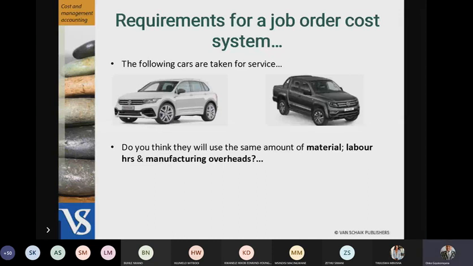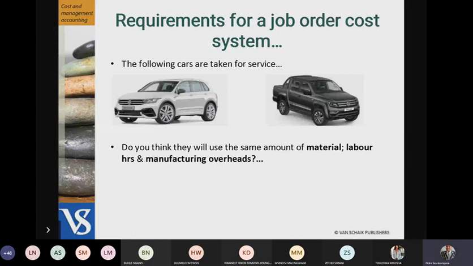Do you think that the labor hours and manufacturing overhead are the same? The answer is no, because for the service of the same kilometers, the material that is going to be used for each car might be different from the one that is going to be used for another car.